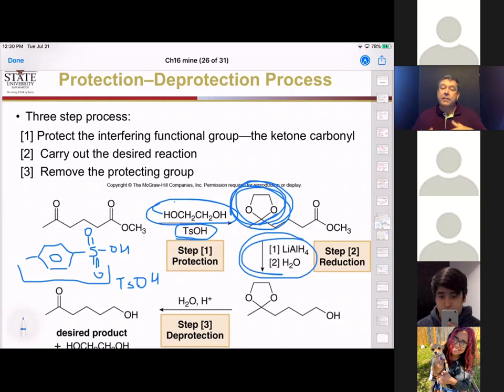And then of course the second step is adding water to decompose that aluminum complex that it makes. And then just by adding water and some more acid, we can clip off our acetal and regain our carbonyl compound.